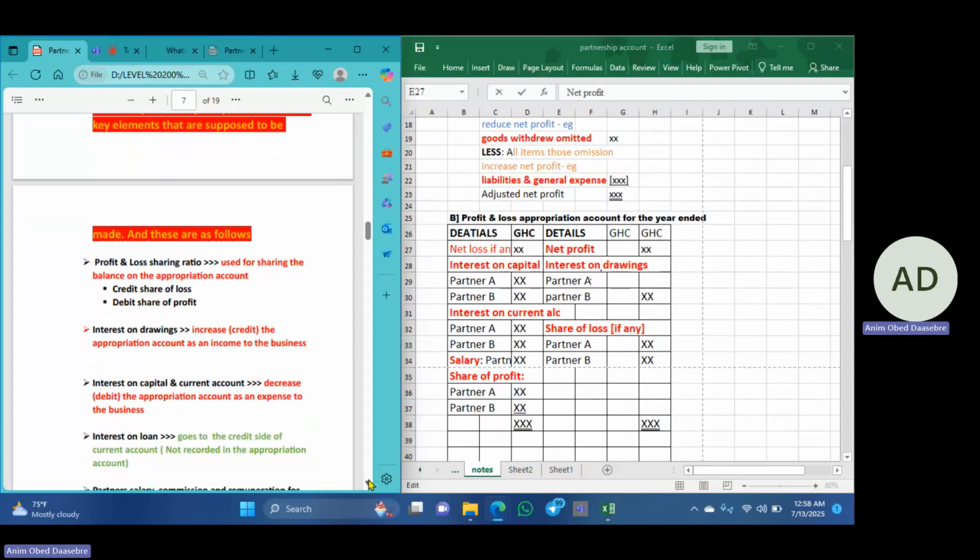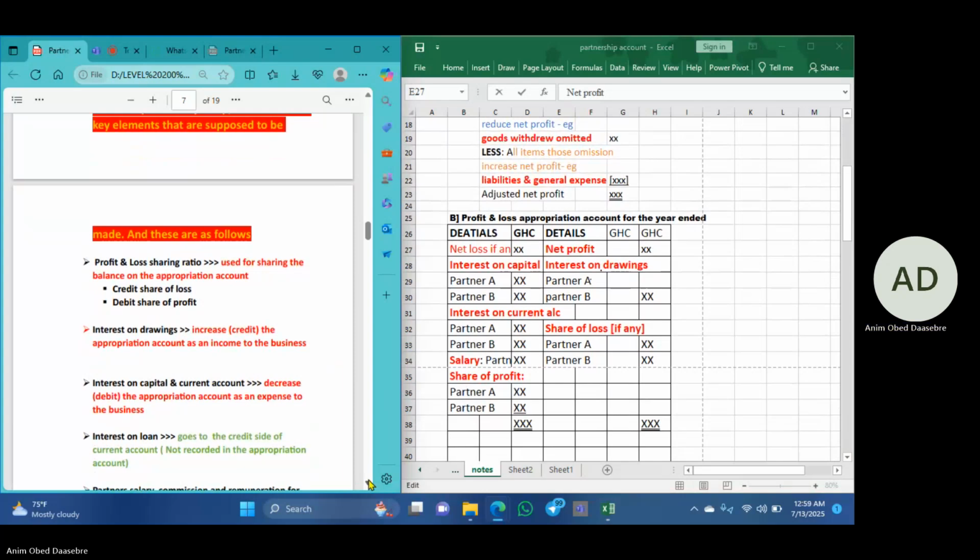Because of the initial contribution made by the partners, they don't want the partners withdrawing their initial contribution anyhow. So there is a restriction, so that when they are withdrawing the amount, they will have to pay some penalties. You have to pay some penalties to the business.